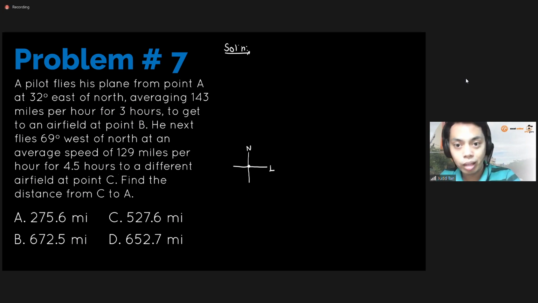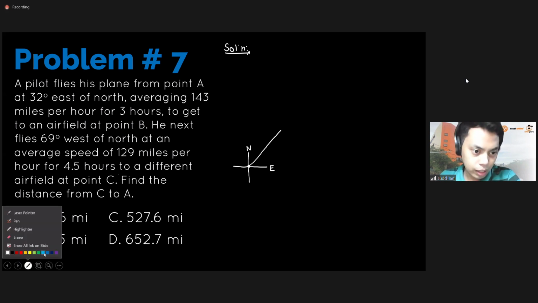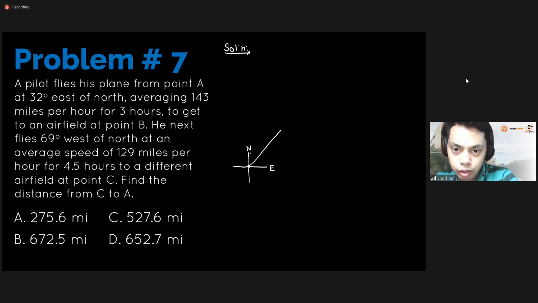So 32 degrees. So malamang ganito po yung drawing. In-exaggerate ko lang. So, ito po, this is 32 degrees east of north. Galing north papuntang east.